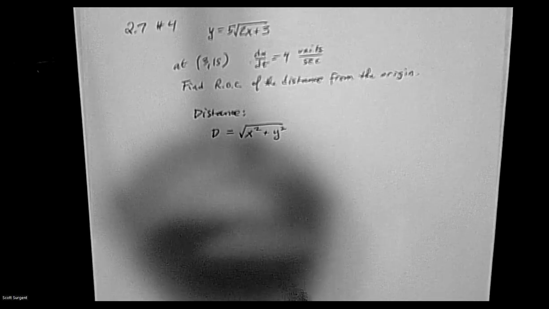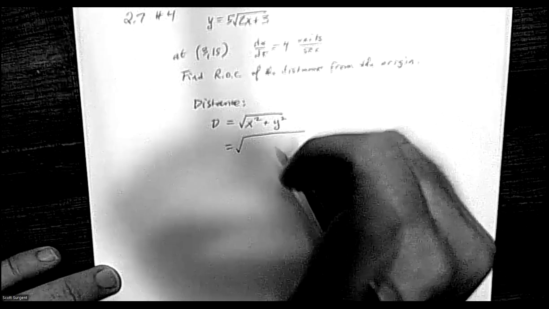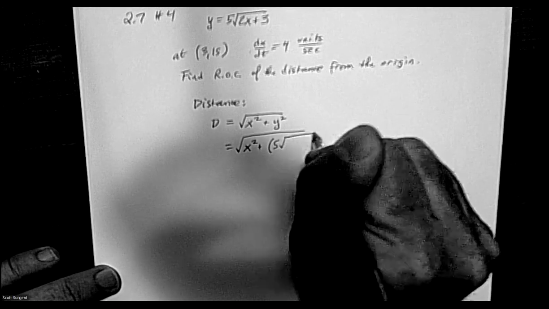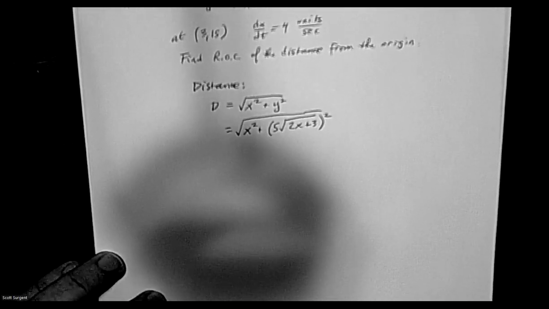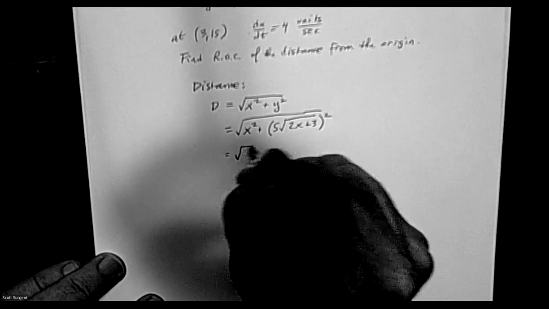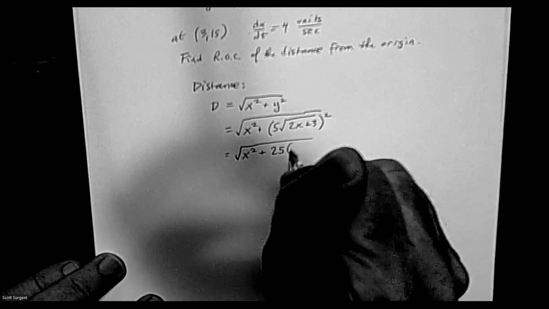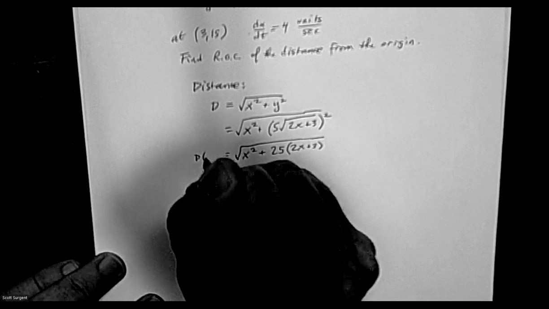Notice that y is already given as 5 times square root 2x plus 3, so we'll pop that into the y position. That way we have a single variable function d of x. There's actually a couple ways to do this question, I'm thinking now.